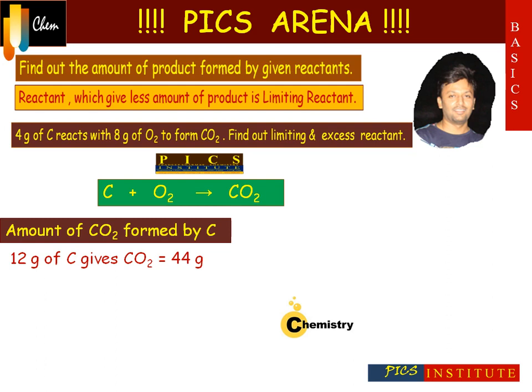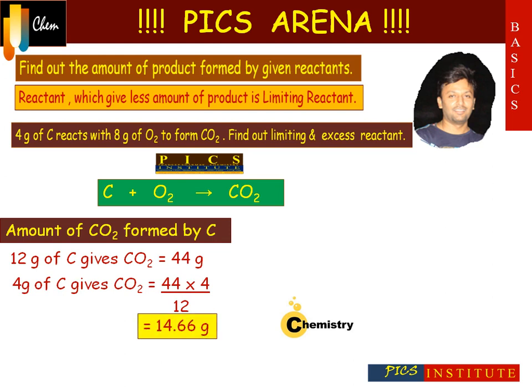From the chemical reaction we can say 12 gram of carbon gives 44 gram of CO2. And the given quantity of carbon is 4 gram, so 4 gram of carbon will give 14.66 gram of CO2.